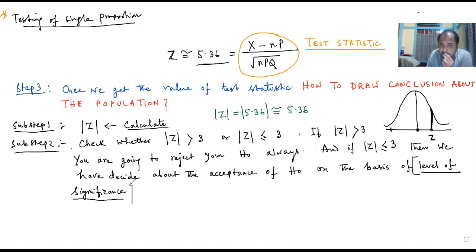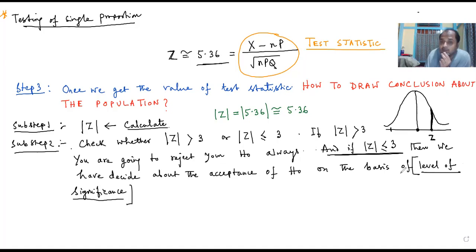I will explain level of significance in detail in due time, but you have to write somewhere this step that you have to decide. If mod Z is less than or equal to 3, you cannot decide immediately what you are going to do about the null hypothesis. You have to check it further.